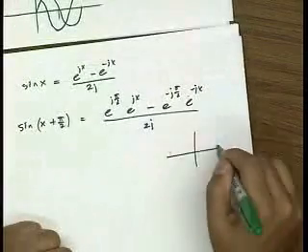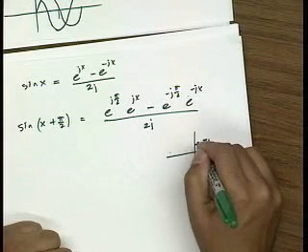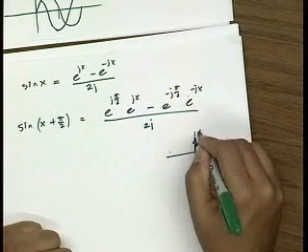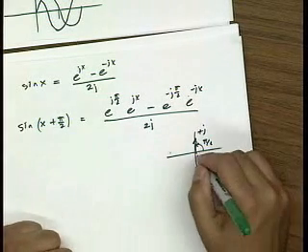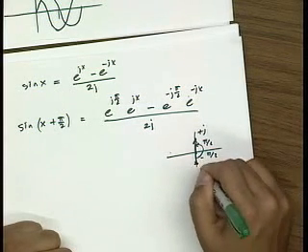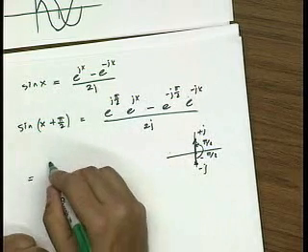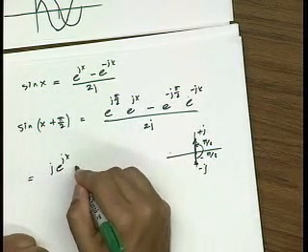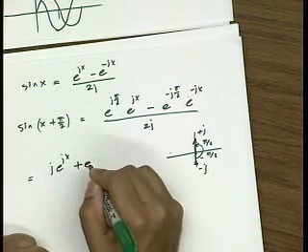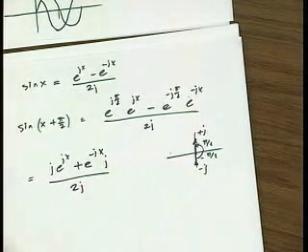Well, in the complex plane, I know that a phase shift of pi over 2, e to the j pi over 2, is just plus j, and e to the minus j pi over 2 is just minus j, right? So here I have plus j e to the jx minus minus j e to the minus jx divided by 2j.